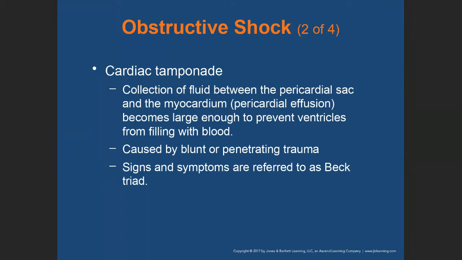So the blood pressure is going to be low. So these are three key findings for a cardiac tamponade: distended neck veins, muffled heart sounds, and narrowing of the pulse pressure. So the blood pressure is going to be low and the pulse pressure gets narrow.